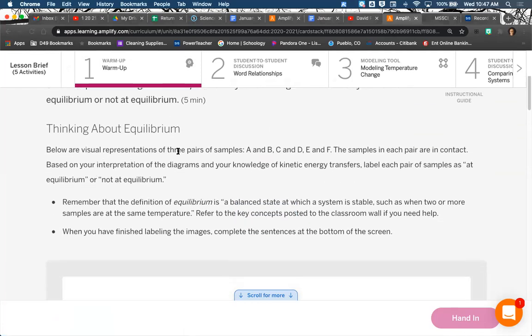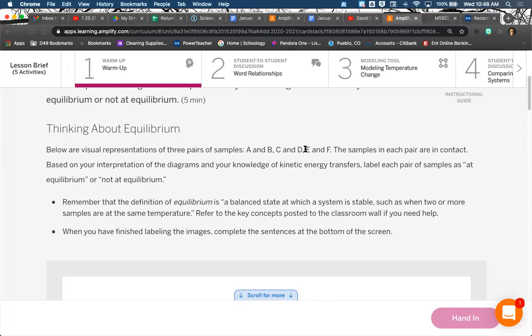Below are visual representations of three pairs of samples, A and B, C and D, E and F. The samples in each pair are in contact. Based on your interpretation of the diagrams and your knowledge of kinetic energy transfers, label each pair of samples as "at equilibrium" or "not at equilibrium."